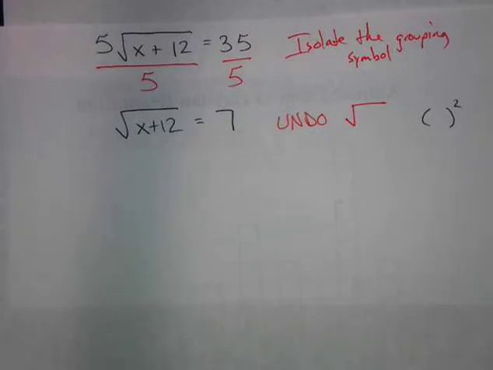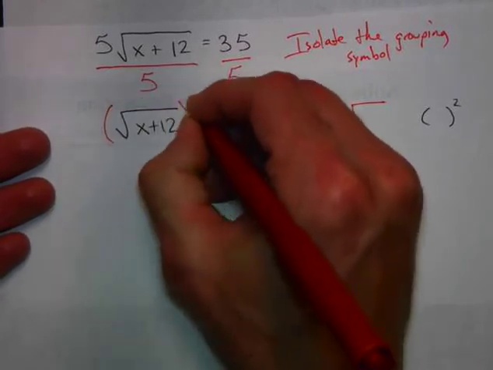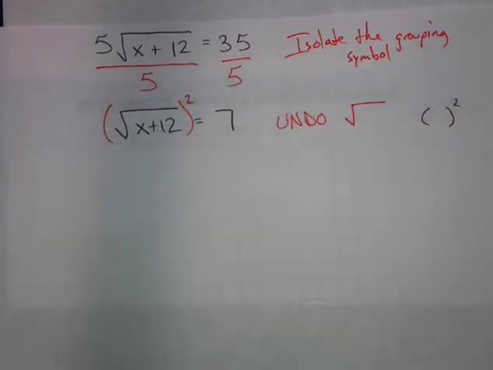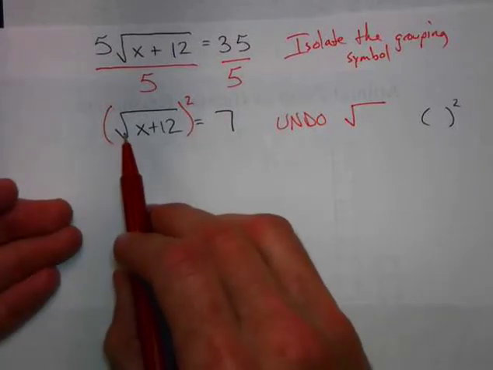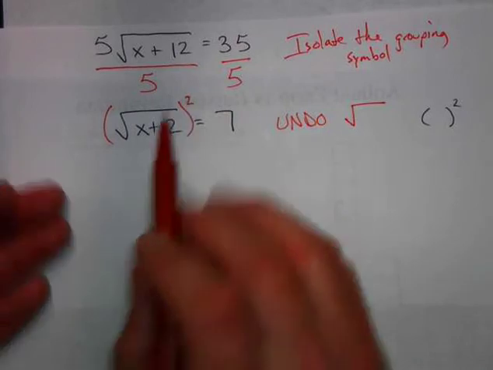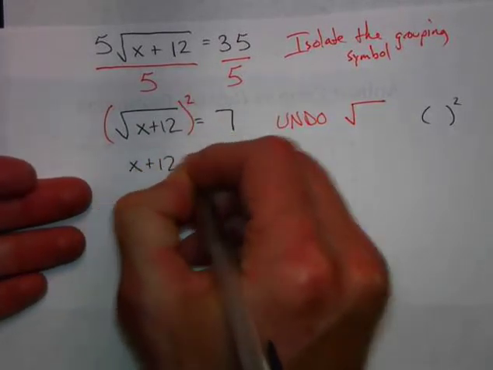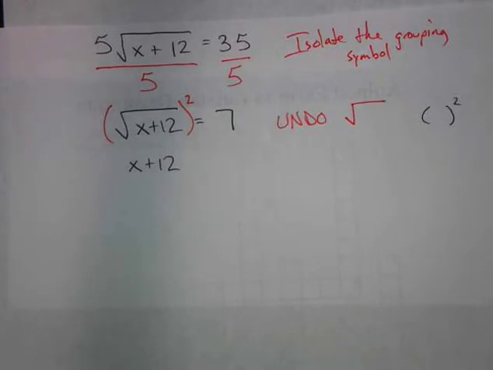So here's what we do. We have to raise this side to the second power. And what will happen? Well, we have a square root and an exponent of 2 that cancels out. And we are left with x plus 12. On the right-hand side, we have to do the same thing.